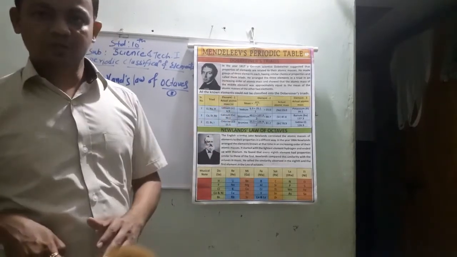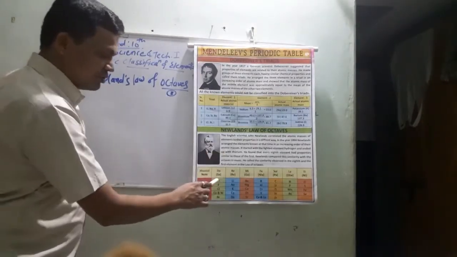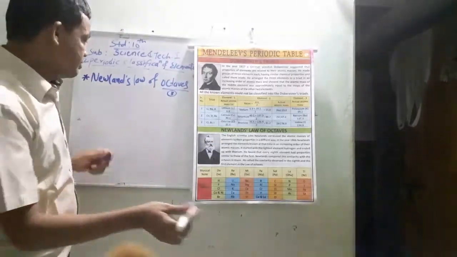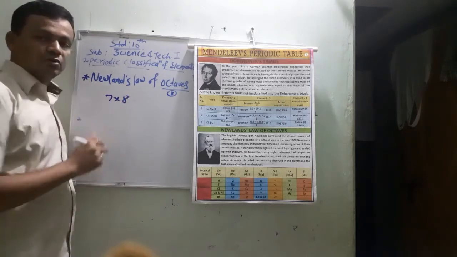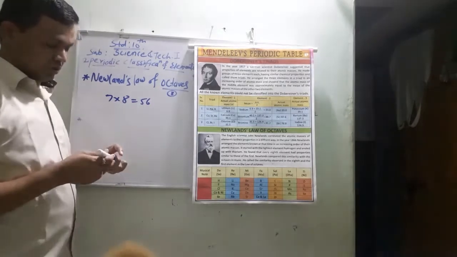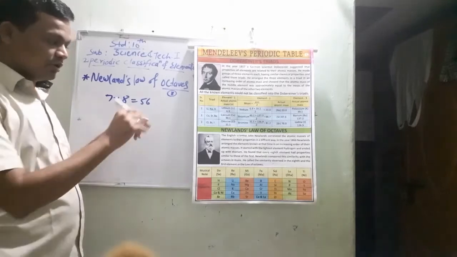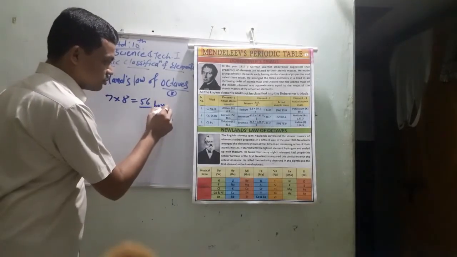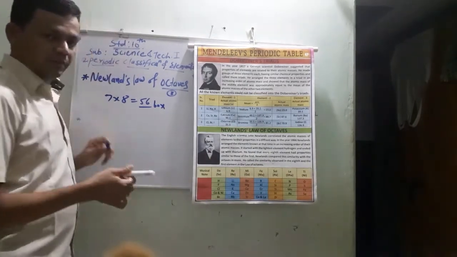आपण एक्झाम्पलच्या माध्यमातून बघूया. So Newland arranged these elements in a table having 7 rows and 8 columns, that is 56 elements. So Newland arranged the 56 elements in a tabular form with 56 boxes. See here, in each box there is an element.